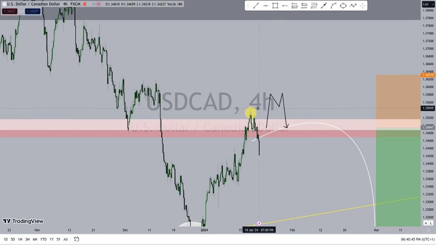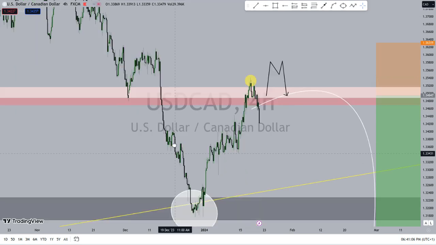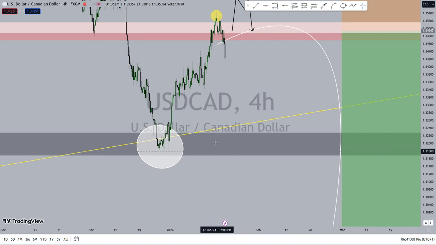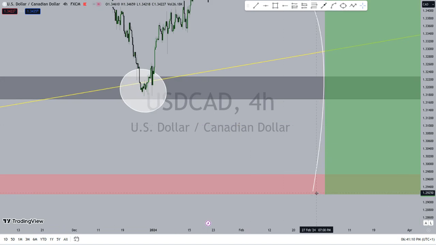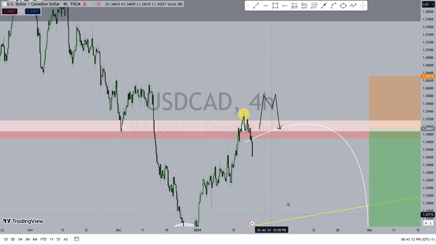So this is a confirmation of our entry right about this region. When we saw this M pattern, we took an entry, and we're projecting USD CAD to trade below this major trend line and then hit our TP.